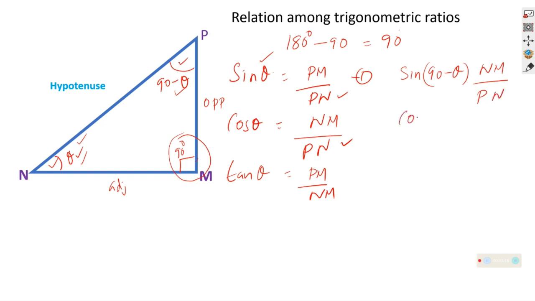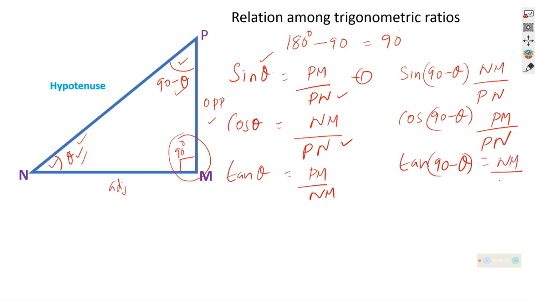Then cos of the angle 90 minus theta, you will write as Pm, the adjacent side, upon the hypotenuse. Then tan of 90 minus theta will be written as naturally Nm, which is the opposite side, and adjacent side, which is Pm. You can see a relationship here.